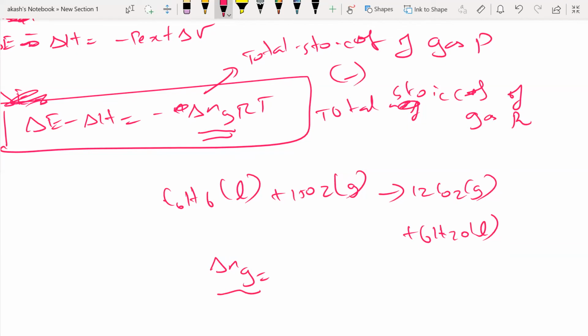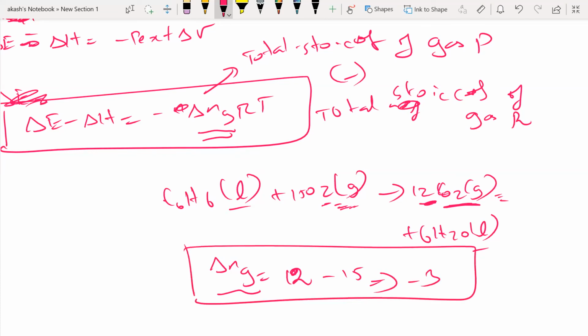So delta Ng in this case would be equal to, on the product side, we have CO2 as the only gaseous product, and the stoichiometric coefficient is 12. In the reactant side we have only one gas, since these two are liquids, so considering only gases, that has a stoichiometric coefficient of 15. So in this case, the delta Ng value is -3. Like this only we calculated delta Ng.